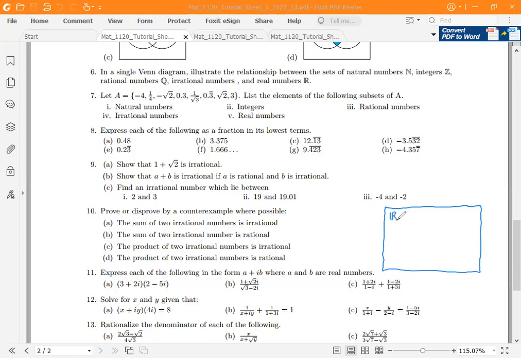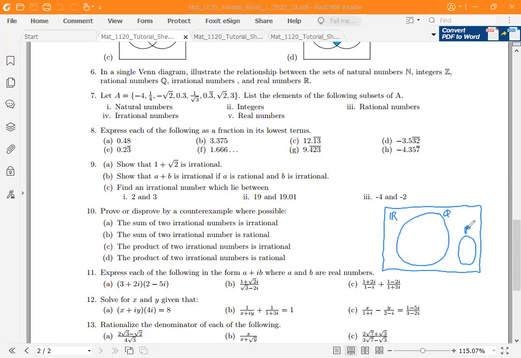And then in real numbers, you should have two sets. The first one being rational, Q, and the other one being irrational. So we'll represent it using P.